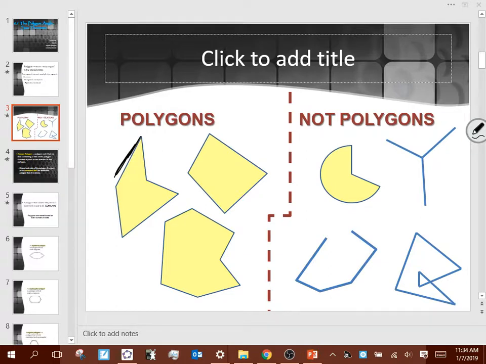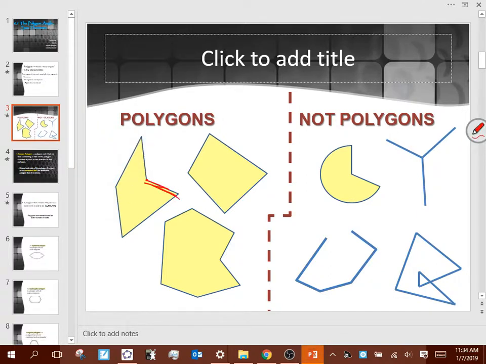If I take that segment, does it intersect exactly two other segments, right there and right there? Then if I take this one, does it intersect exactly two other segments? Does it intersect that one and that one? Does that make sense?